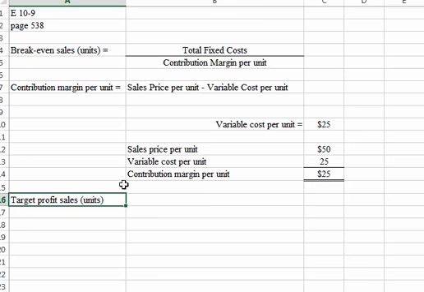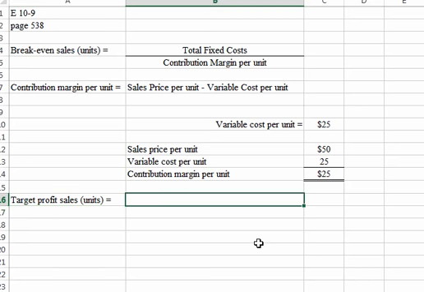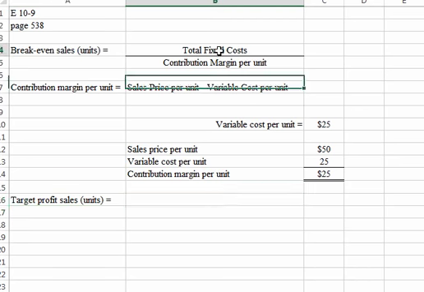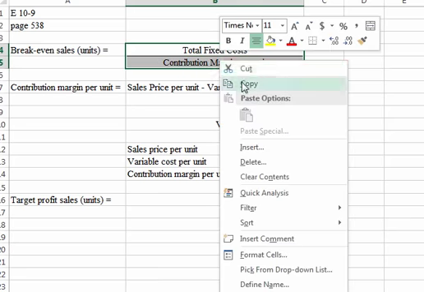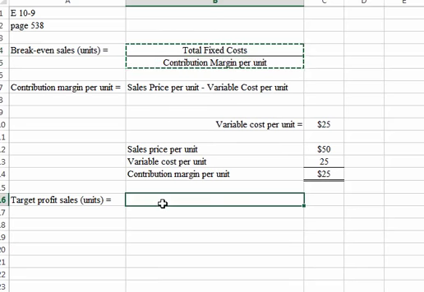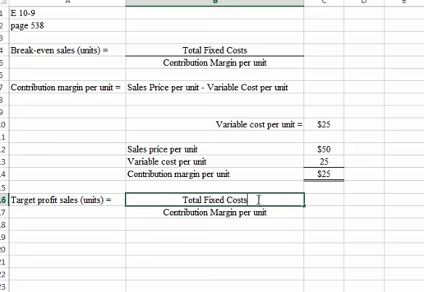In other words, how many units would they have to sell to hit this target profit of $75,000? Well, your formula there is the same as up here, except in the top we're going to add desired profit.